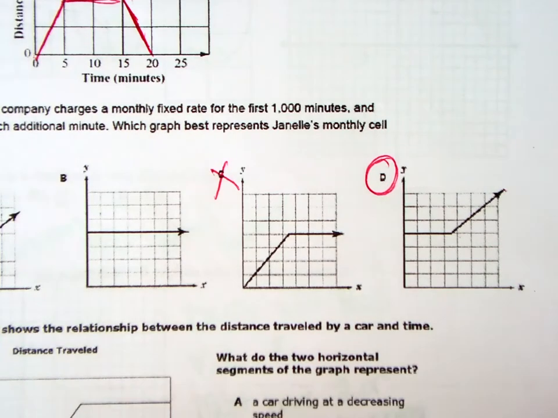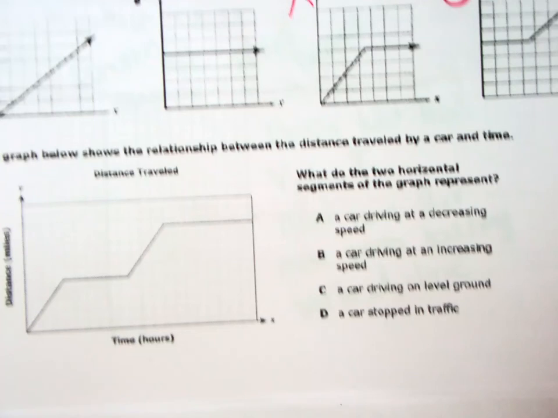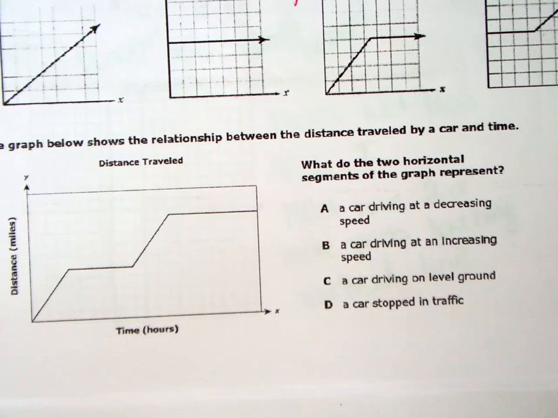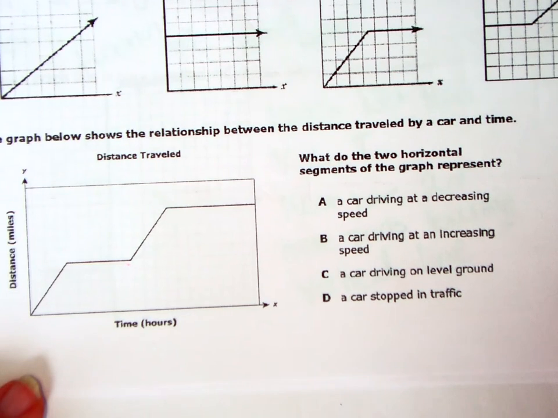Last problem, number 18. The graph below shows the relationship between the distance traveled by a car and time. What do the 2 horizontal segments of the graph represent? So what's going on here? It's increasing and then it's constant.